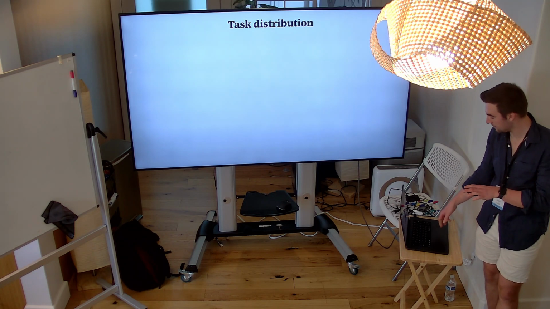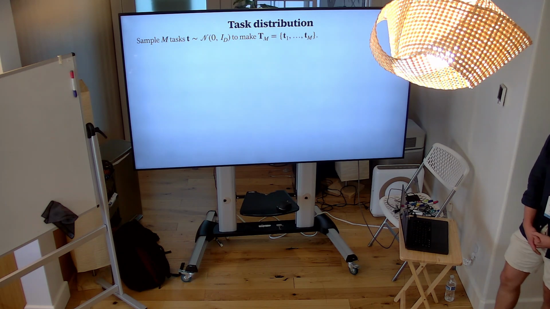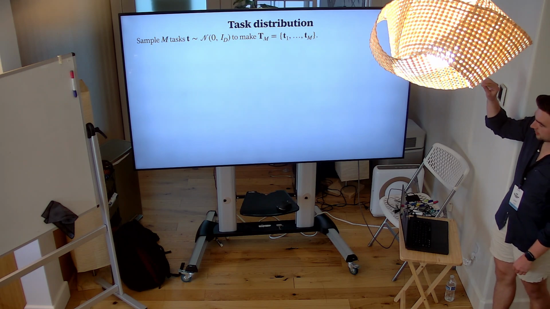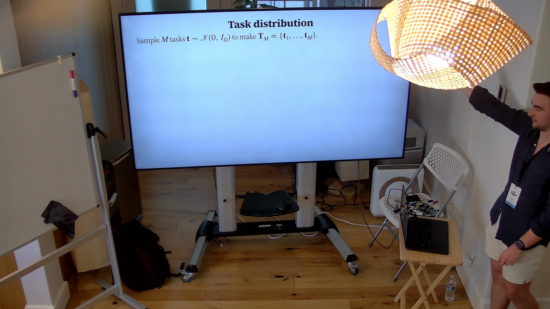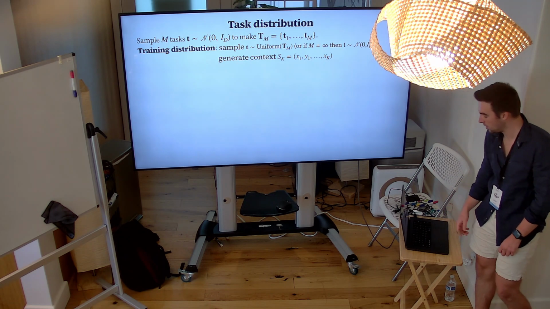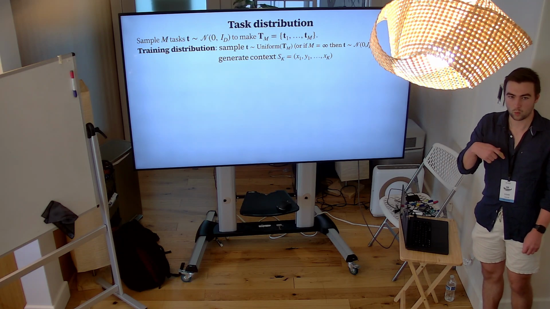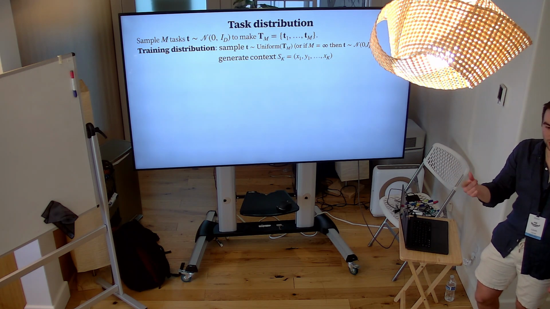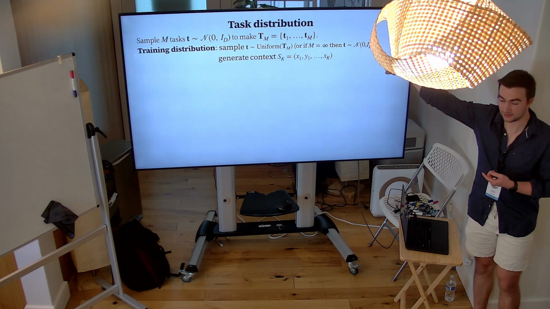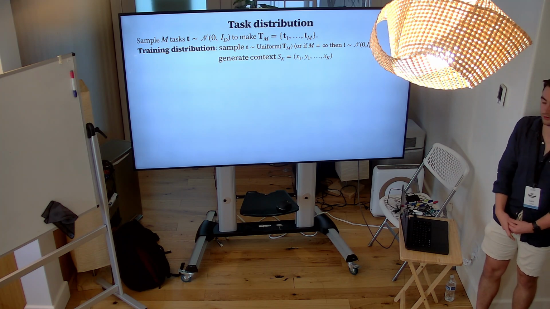So we can set up a task distribution, which is to say we can sample M of these linear regression tasks from a normal distribution and construct a finite set of tasks here, T1 through to T capital M. So the training distribution corresponding to this task distribution means that if we were to sample a context from this training set, we first sample a task from the set of tasks and then generate a context according to what we saw on the previous slide.